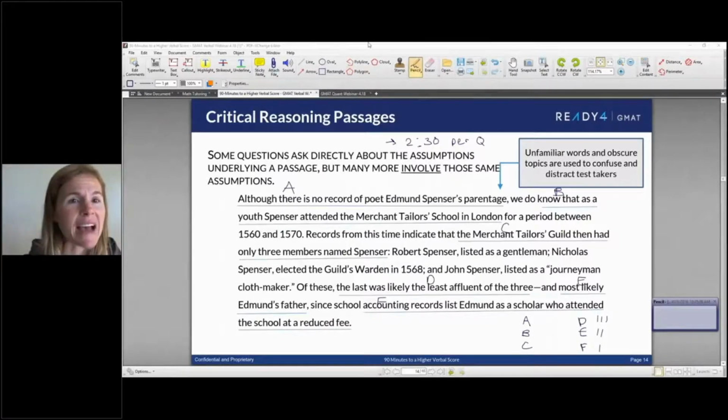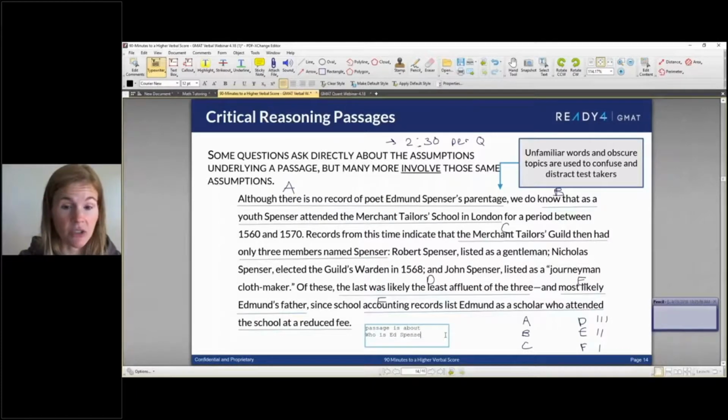So that means this passage is going to be about who is Ed Spencer's parent. They tell us right up front that it's going to be about Ed Spencer's parents.